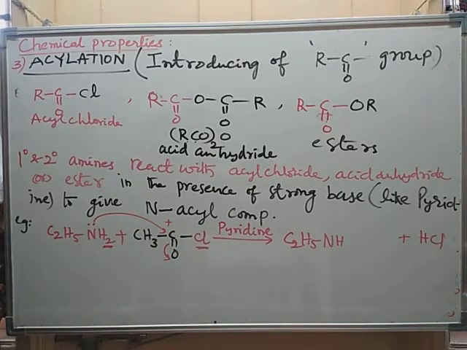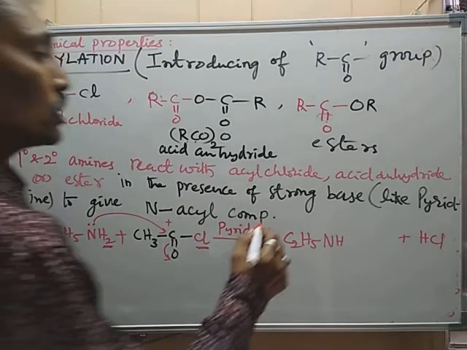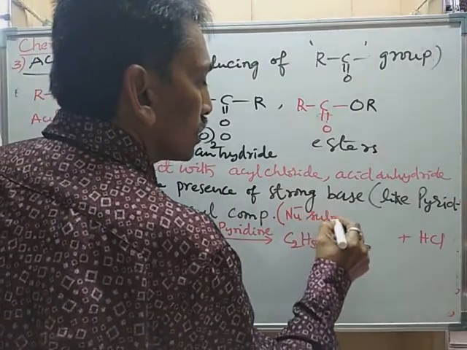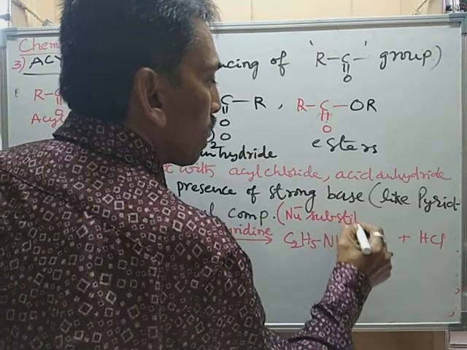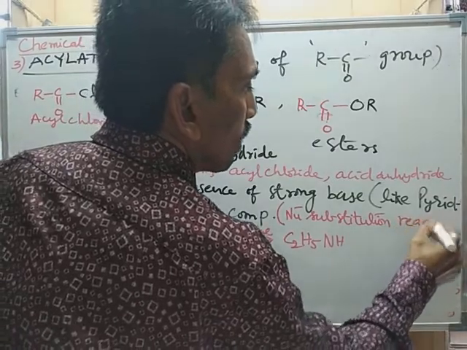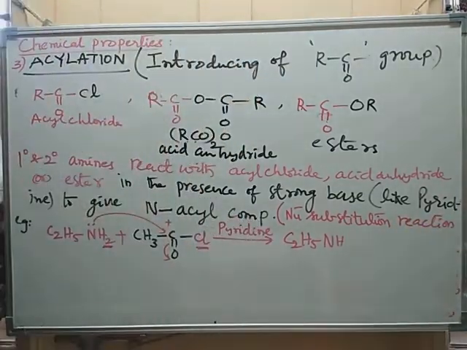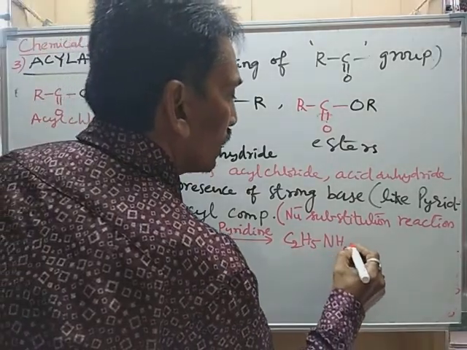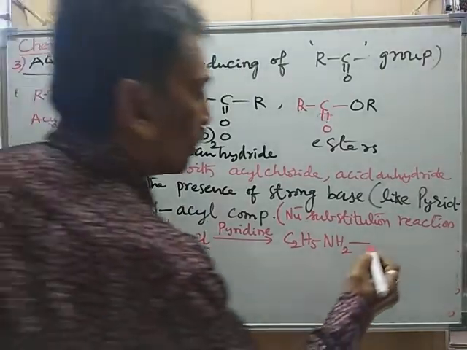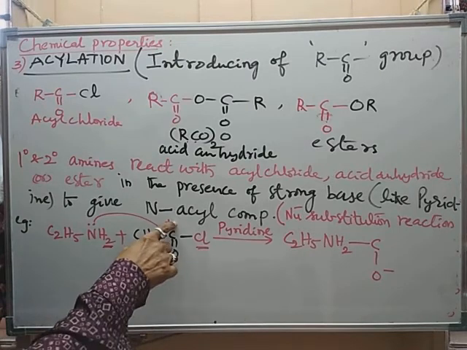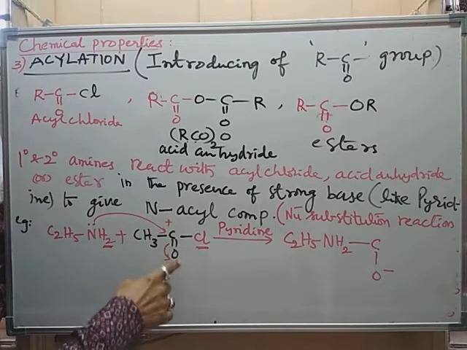So overall they undergo a nucleophilic substitution reaction. Take an intermediate state: NH2 as it is, joined with C double bond O, CO minus. While these electrons are shifted, carbon becomes positive and oxygen becomes negative.